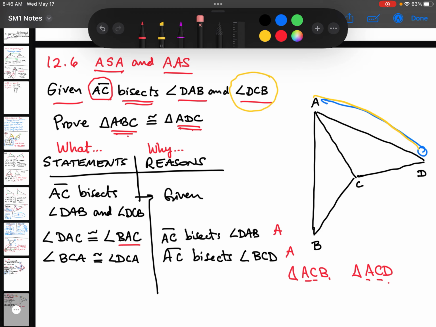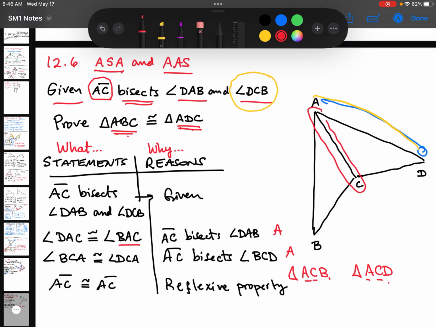So I can say that AC and AC are congruent by, remember, when they have a segment in common, I can say that those segments are the same, obviously, by the reflexive property. So this segment AC is congruent to segment AC.